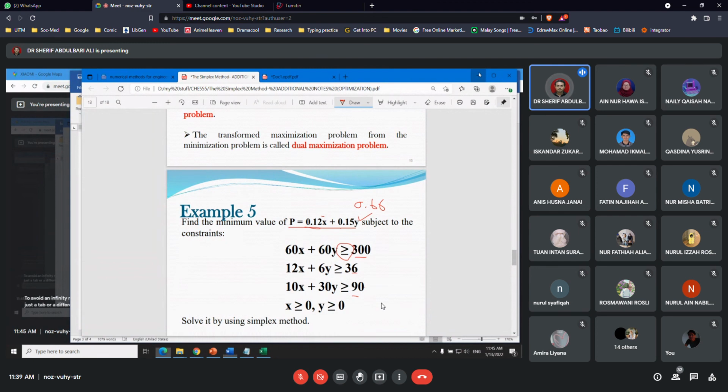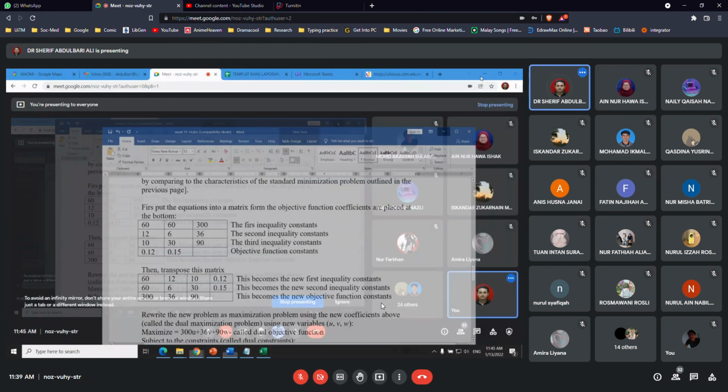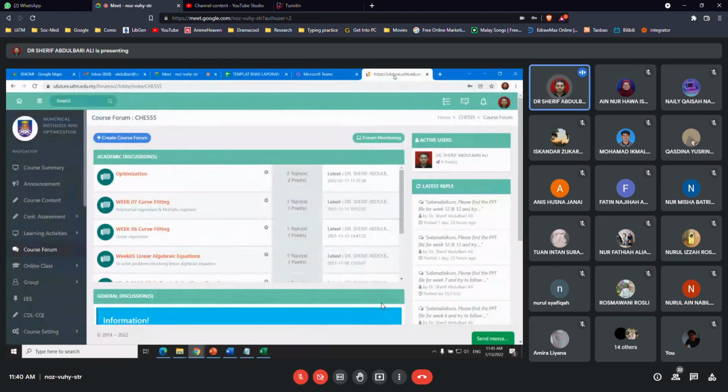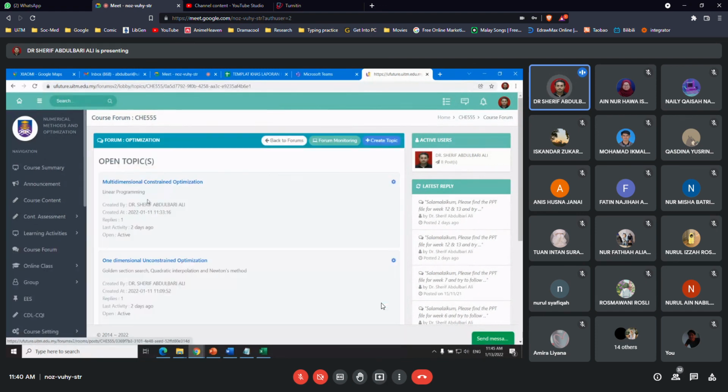Okay, I want to share something with you. For the future, I created here a forum for the optimization. I'm covering the two topics of one dimension, with the golden section and quadratic.